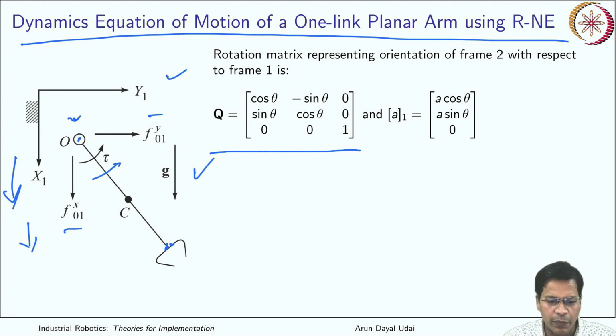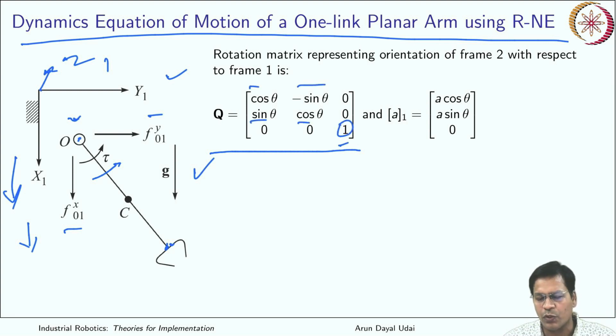This is nothing but rotation about the z axis, which is perpendicular to x1, y1. Rotation about the z axis is given by cos theta, minus sin theta, sin theta, cos theta, and 1 goes here. This is the orientation matrix of this link, which represents frame 2 with respect to frame 1.